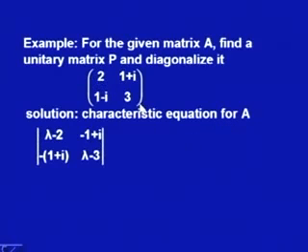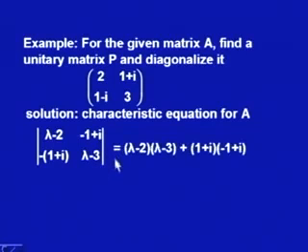The characteristic equation for this is the determinant of lambda minus 2, minus 1 plus i, minus 1 plus i, and lambda minus 3. One can simplify it: lambda minus 2 into lambda minus 3, plus 1 plus i into minus 1 plus i.